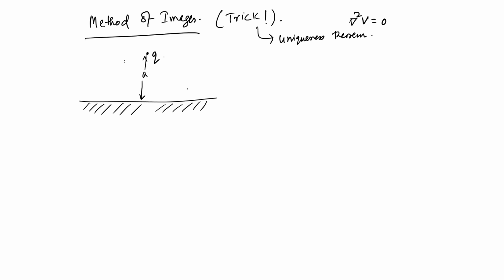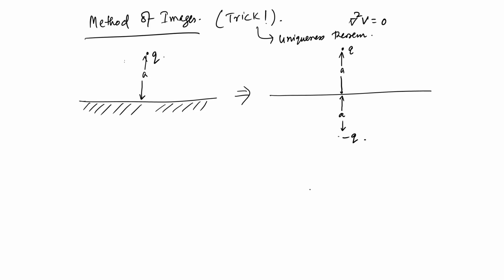So, what you do is you completely change this problem to a problem where you do not have a conducting plane, but you have a charge at a distance a, and you also have a charge which is minus q at a distance a in the other direction.